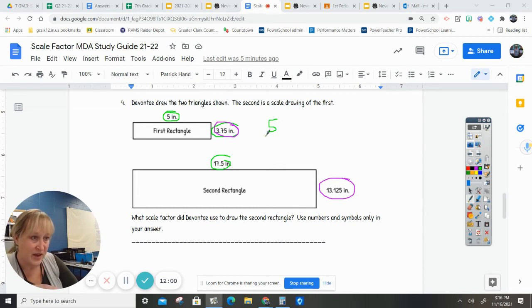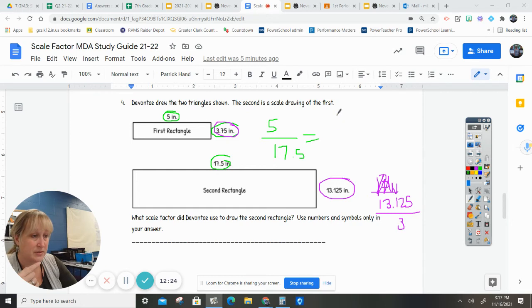So if I do the 5 divided by 17.5, what I get for that should equal the same as my 3 over my 13.125. Now, reality is my big number should be on top, shouldn't it?